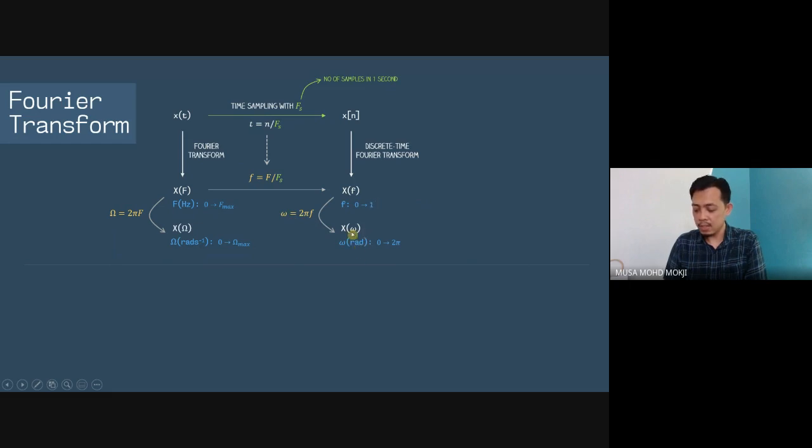This is in radians per second, because hertz is 1 over seconds. Small f doesn't have any units, and this small omega is just in radians, and the range is 0 up to 2 pi.